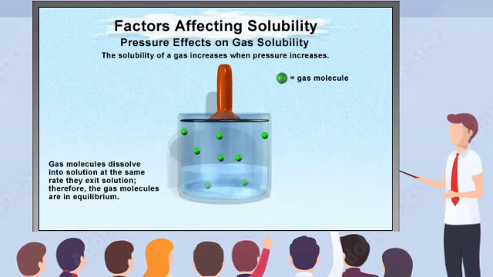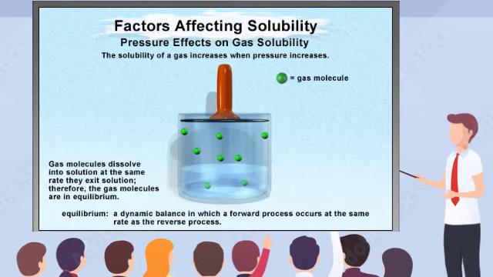In this program, you will see different examples of equilibrium, so it is important to know that equilibrium is a generic term that describes any situation in which a forward process occurs at the same rate as its reverse process.